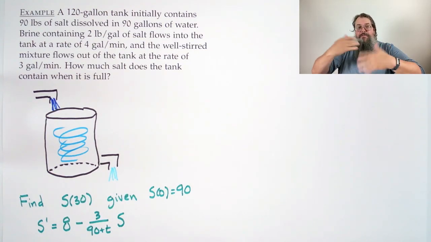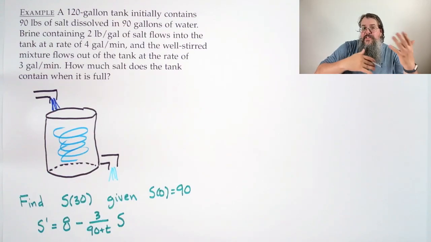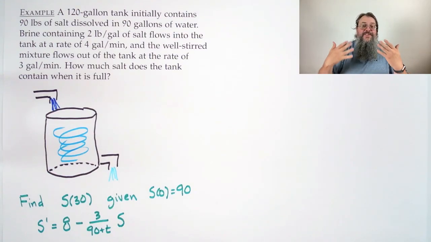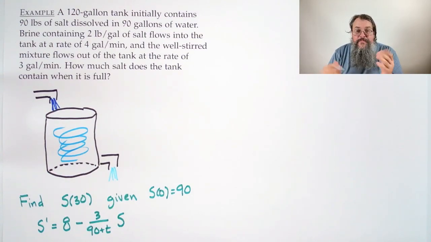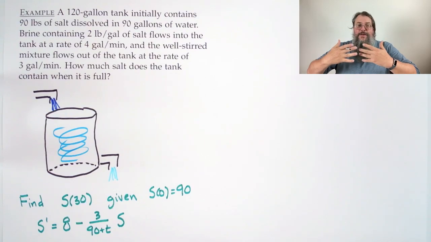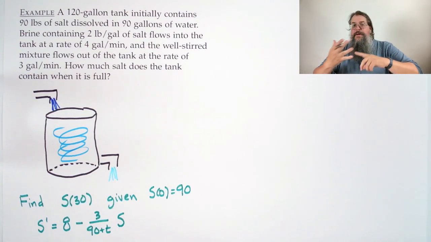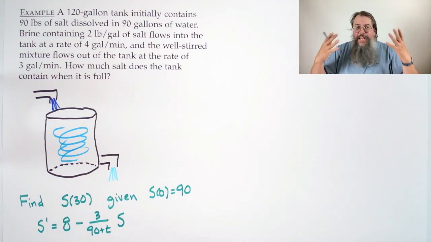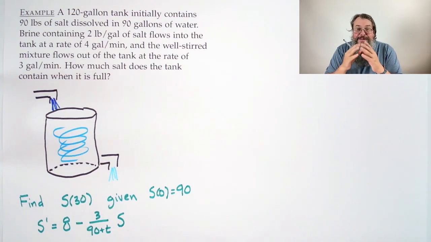Because when it gets mixed in, it might become less salty or more salty depending upon what's currently in the tank. And so it makes the output a little bit more interesting. The input is very straightforward. We know, 4 gallons per minute, 2 pounds per gallon, great, 8 pounds of salt per minute, nothing surprising. The output, that's where the fun stuff lies in this problem.